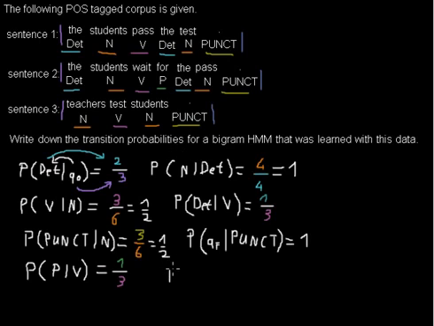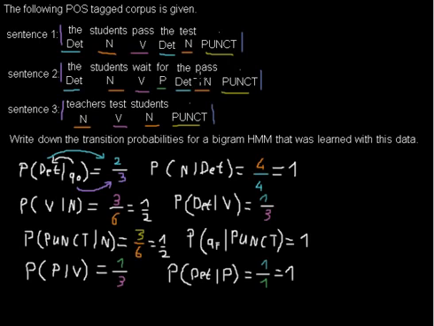And the next probability, we have a punct given, and we want to calculate the probability that it is followed by a determiner. The punct we've only got 1 time, and it is followed by a determiner, so we get 1/1, which is a probability of 1.